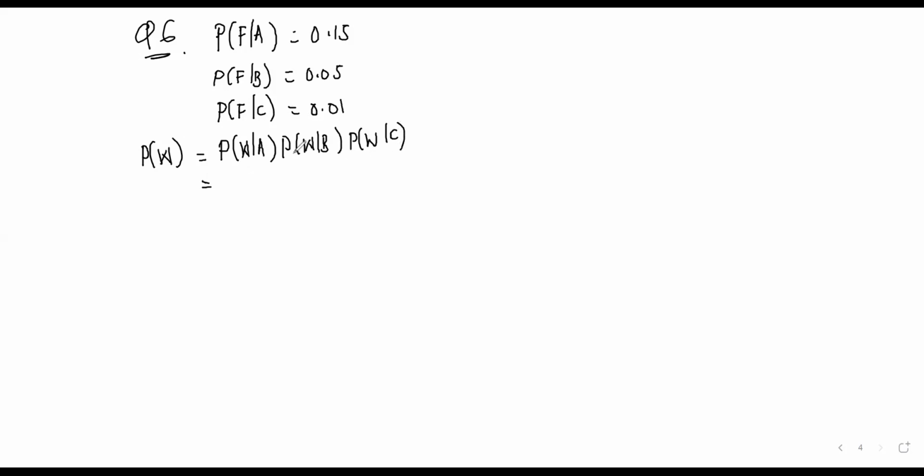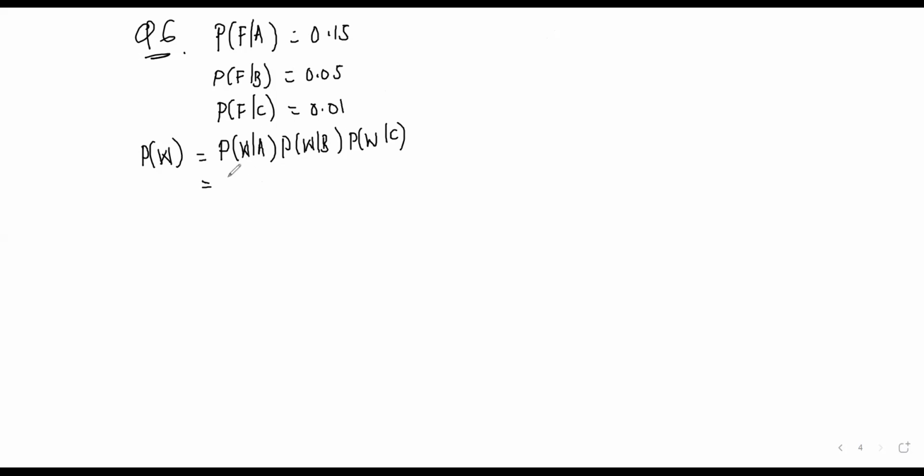Because if one of them fails, then it won't work. Now what we are given are failing, and we want working. So if I get the probability of it working, then it will be easy for me to get the probability of it failing, because then I'll just get 1 minus the probability of it working. So I want to use that approach.